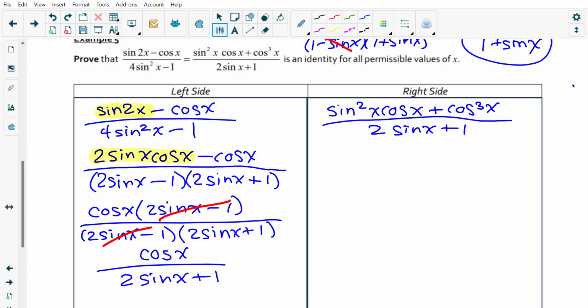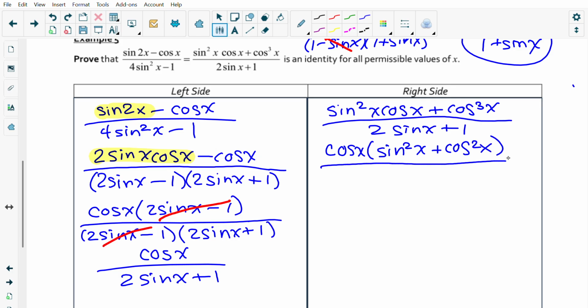Let me work on the right side and see if I can make it equal to the left side. So cosine of x I will factor. So that's cosine of x times sine squared of x plus cosine squared of x, that's the numerator, divided by 2 sine of x plus 1. The numerator, I will use the Pythagorean identity.